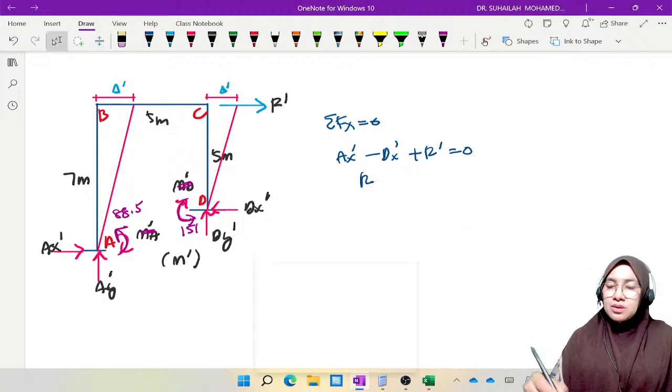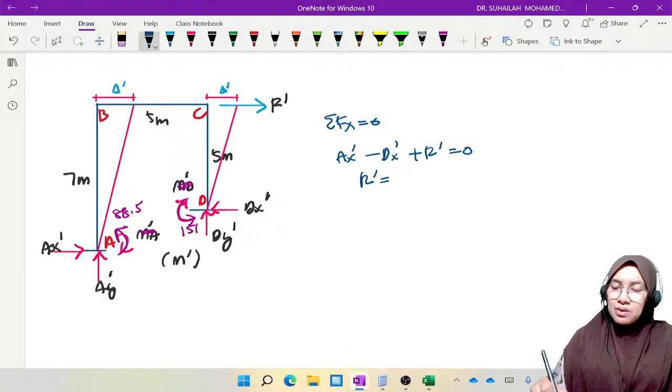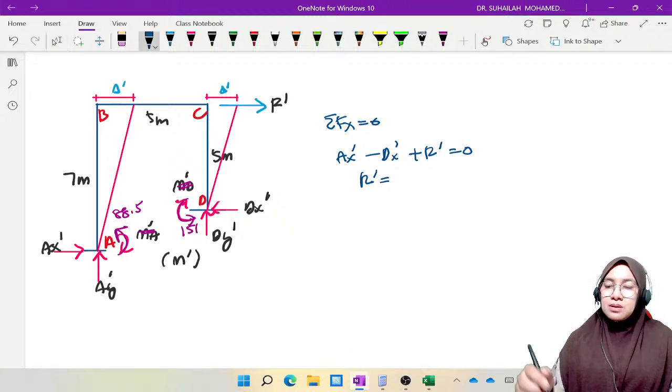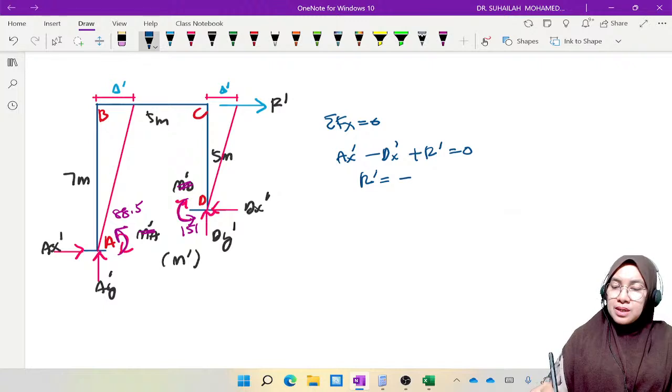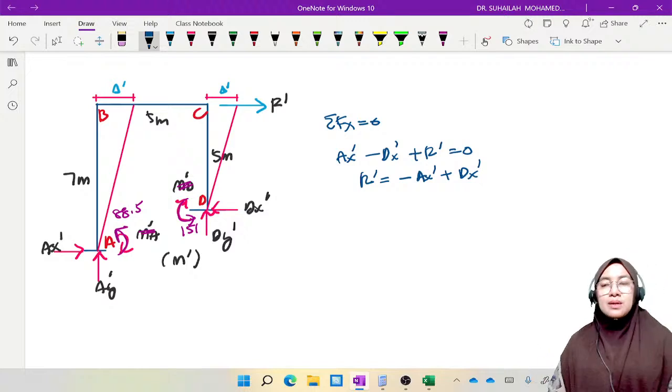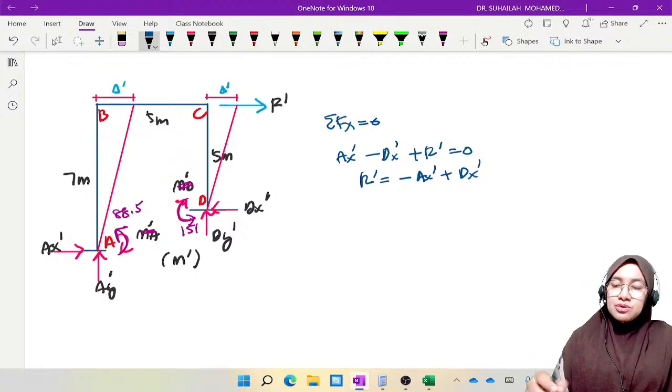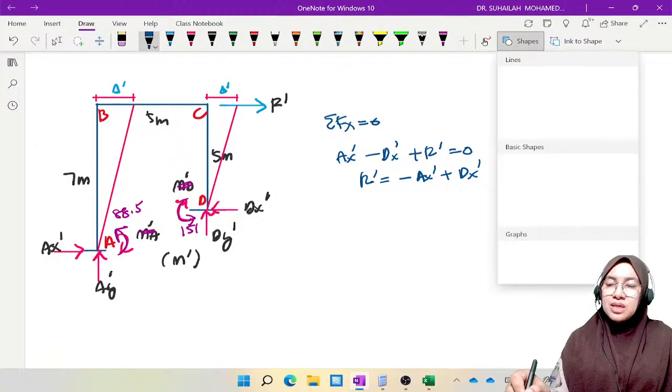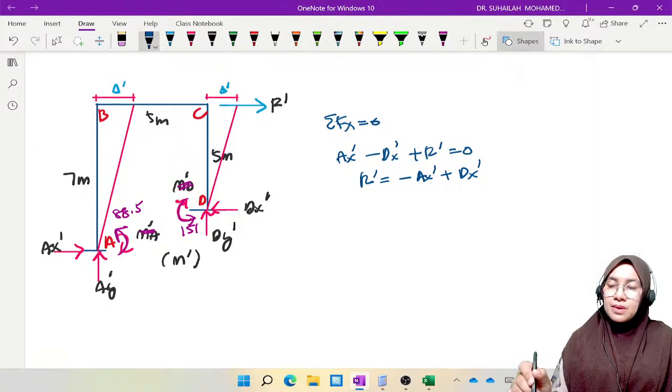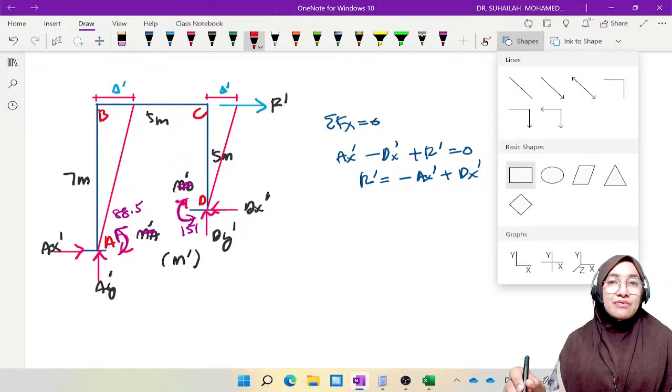So we get R prime equal to negative Ax plus Dx. So this is actually the equation to calculate the R value.